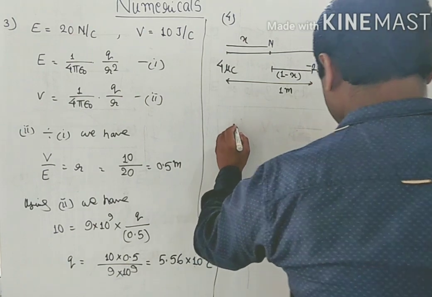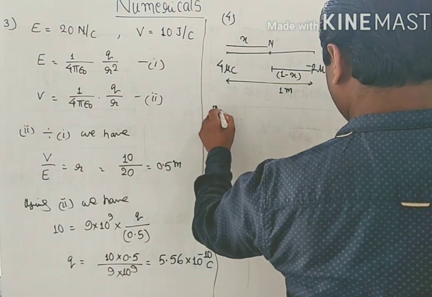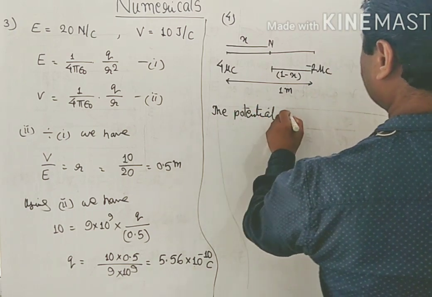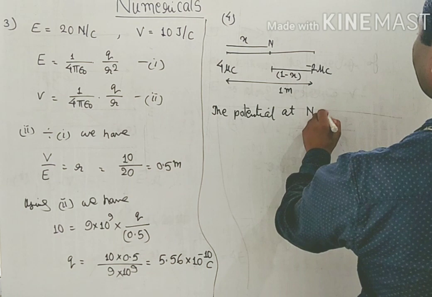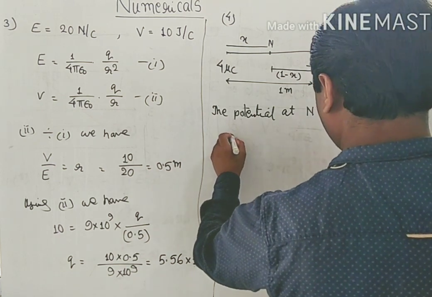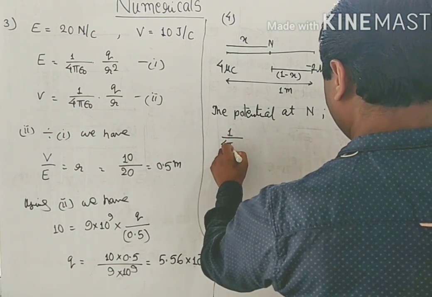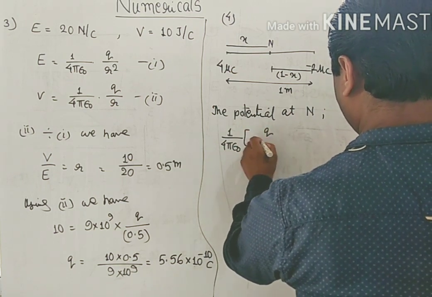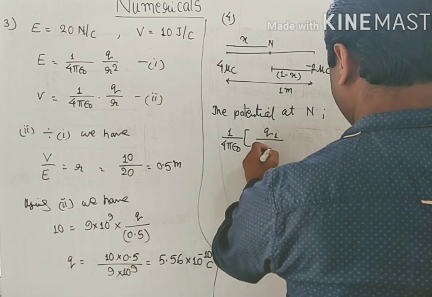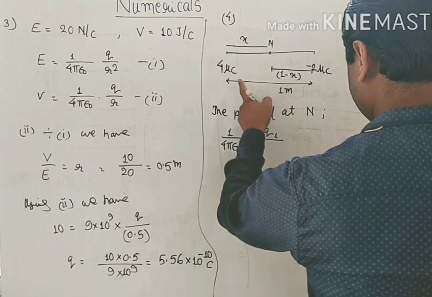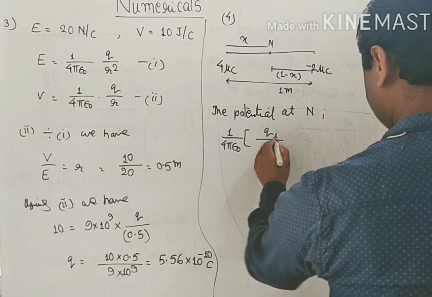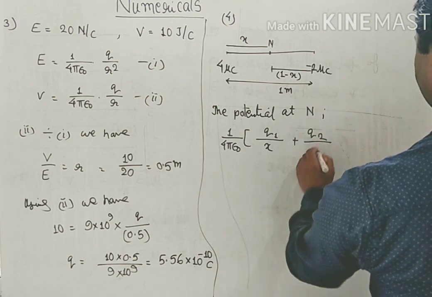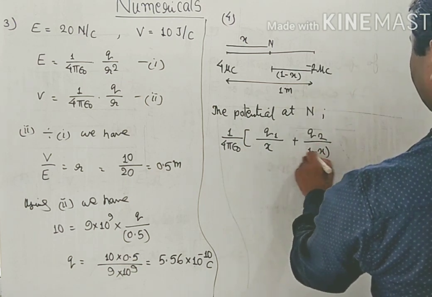Okay, so let's move on. The potential at N is given to be 1 upon 4 pi epsilon naught into charge Q1 upon distance x, plus charge second upon distance 1 minus x.